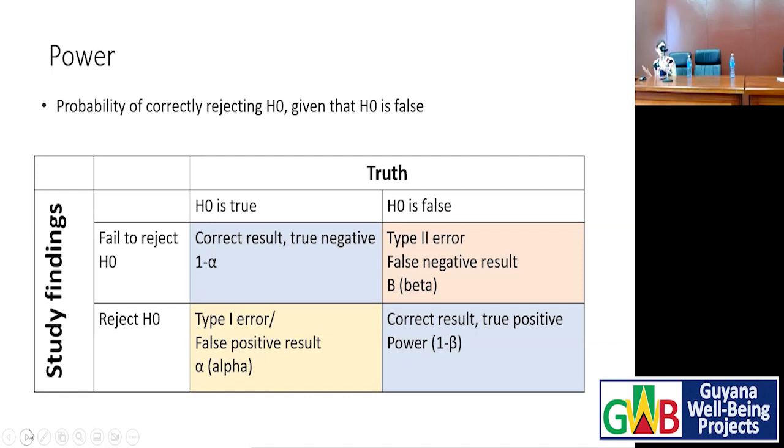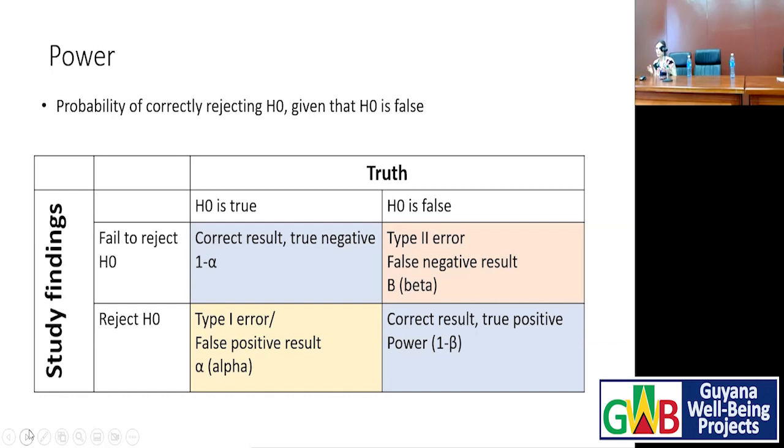We'll reject the null hypothesis if our statistical test tells us that the data we observe is very unlikely, typically 5% or less, to be observed purely by chance. In that case, we would reject our null hypothesis, or the other finding might be that we fail to reject our null hypothesis.